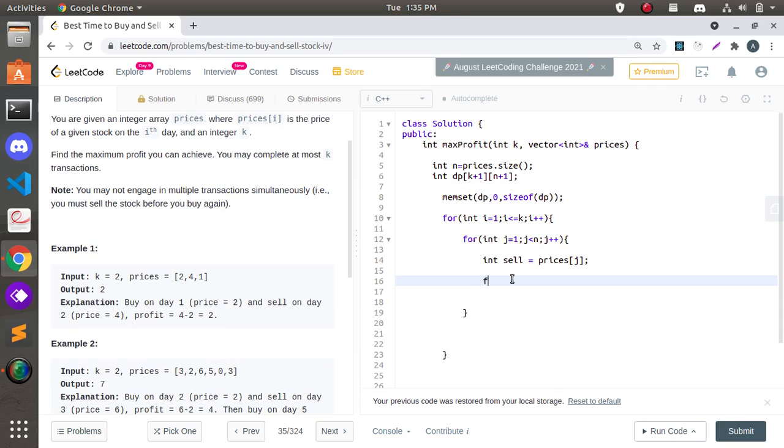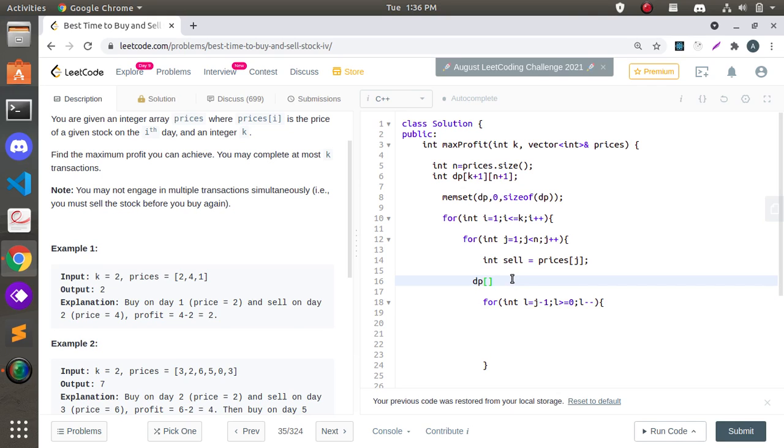So let's make the other loop, where we start from j minus 1, and l should be greater than or equal to 0, and we decrement it. Firstly, we know that you can take that or not, you have to take a decision.